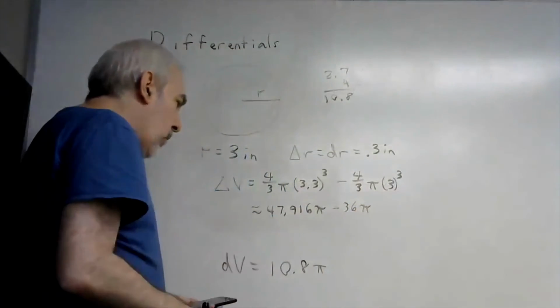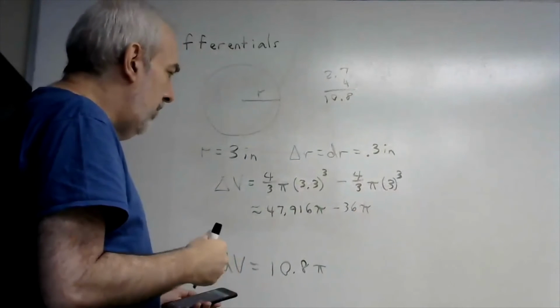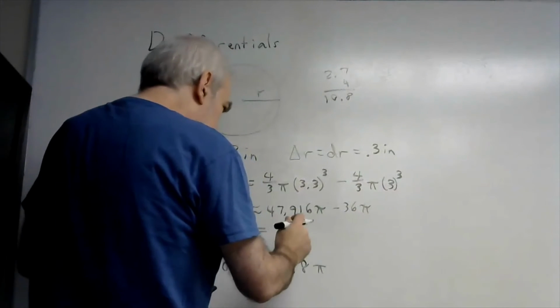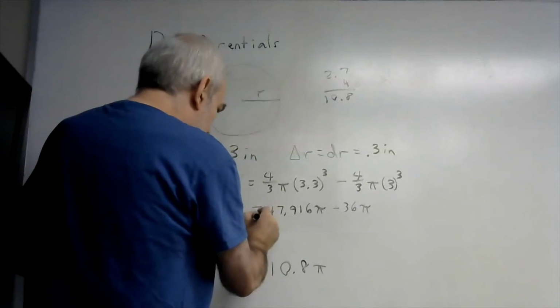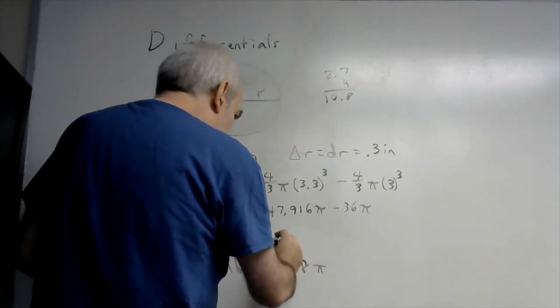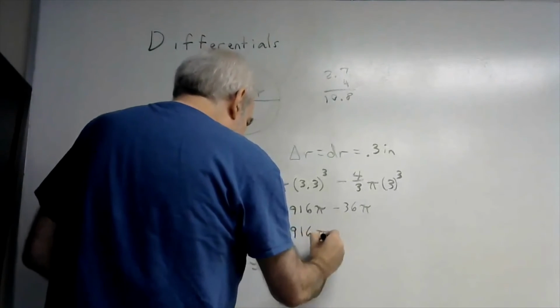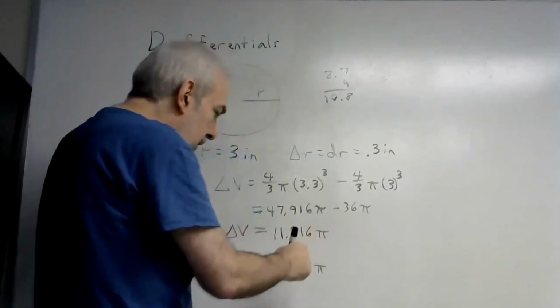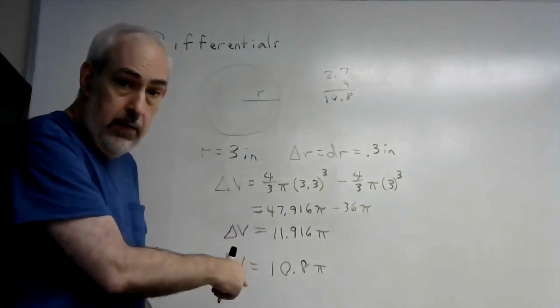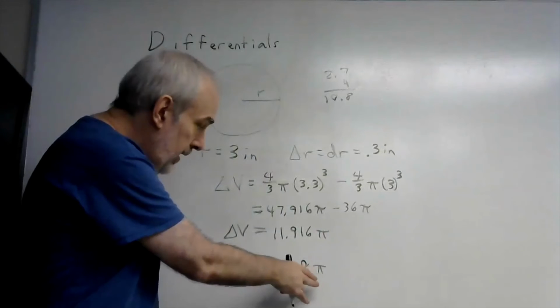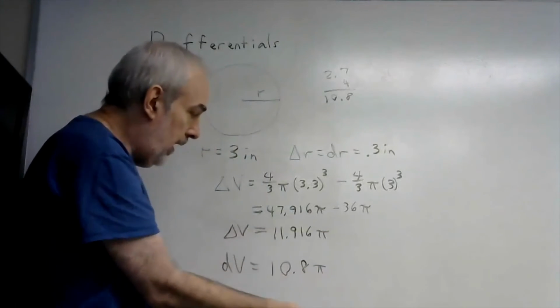So it's 47.916 pi minus 36 pi, and that's not even approximate, that's exact. Subtract those and we get 11.916 pi. I kept the pi in there so that it's easier to compare them since there's a pi in this equation. So 10.8 pi, 11.916 pi.